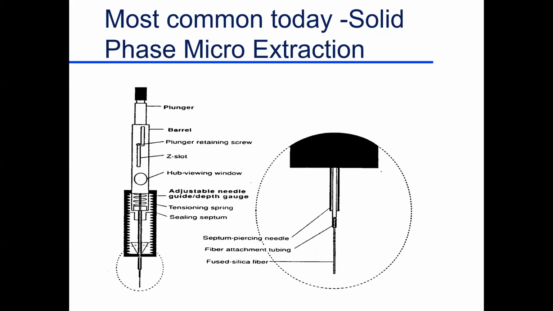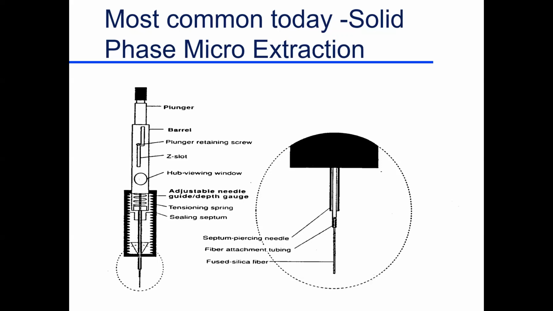It's probably my least favorite. It's the most used methodology, but my least favorite methodology. I don't like it because this is a very, very small sample, a very thin film, and so it's not going to collect much material. Also, it'll collect the most abundant and most strongly attracted compounds.